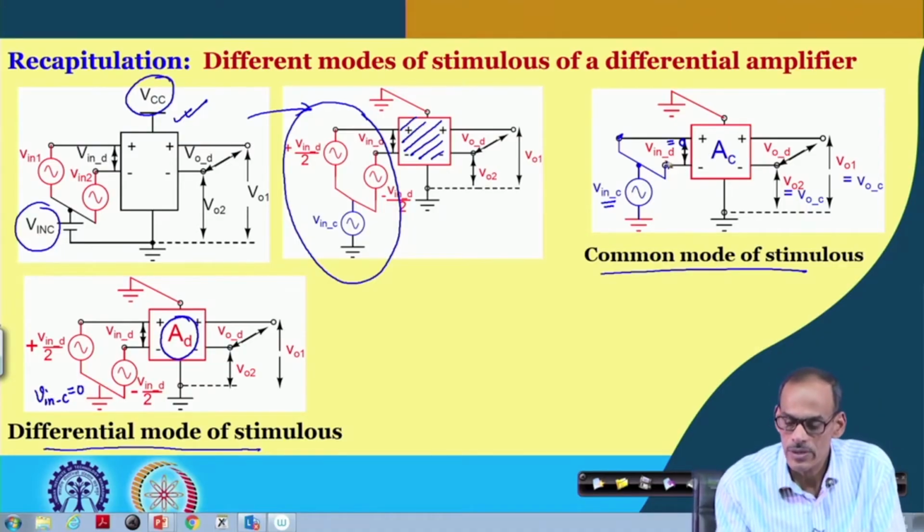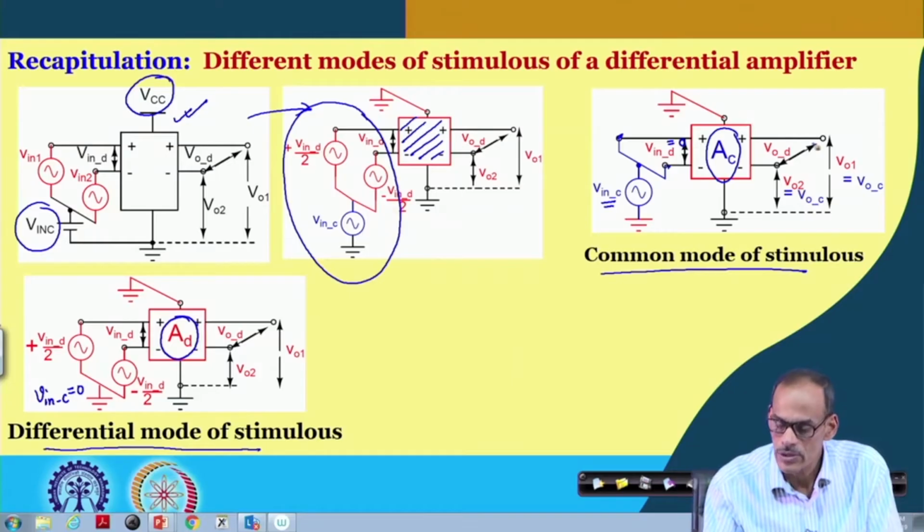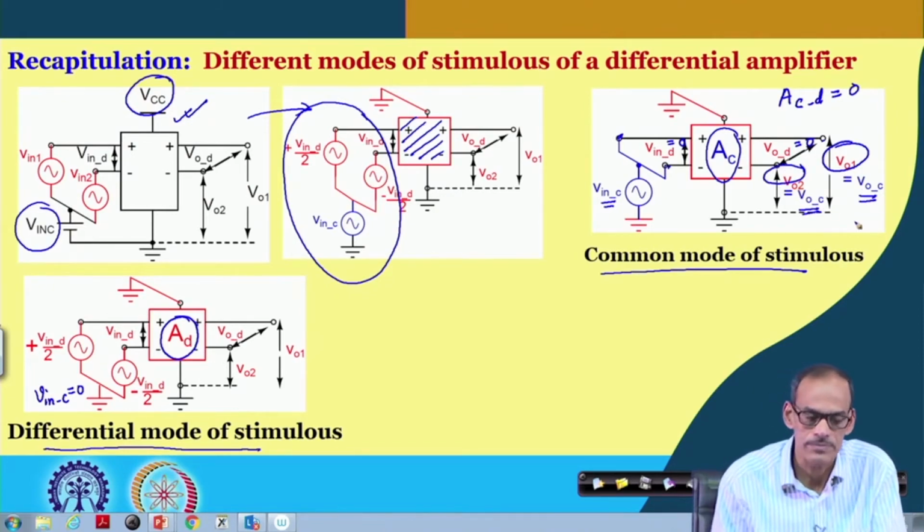So, if the differential is 0, whatever differential output we are expecting should be 0, assuming of course ACD equals 0, and whatever voltage you get at both the outputs is essentially the common mode output, and they are identical.